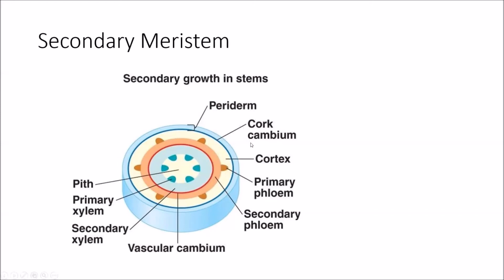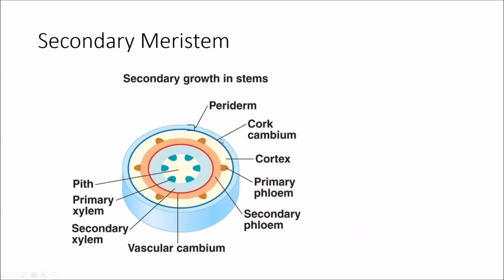Now with the cork cambium, this is going to be responsible for creating bark, the bark of the tree. So this little line right here, if you want to think of these as layers, this outer layer right here is responsible for growing the outer layer of the tree or the plant, which is going to create some type of bark. So it's basically helping the plant to basically thicken.